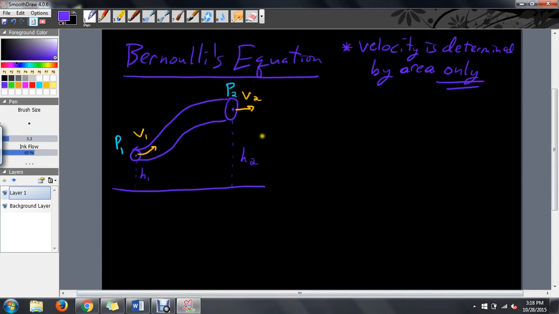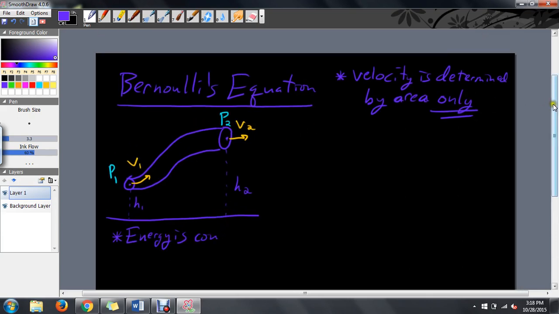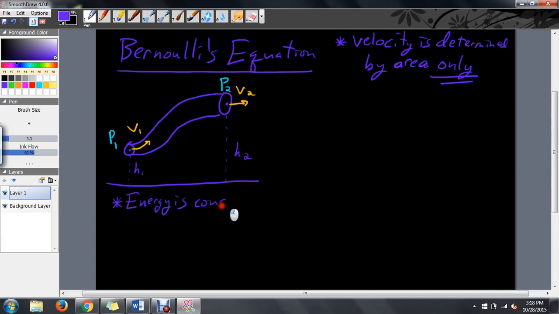How does it do it? Well, it says that as a fluid flows, energy is conserved. Which means that the energy at point 1 equals the energy at point 2.